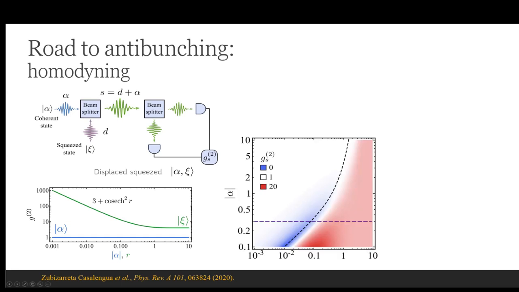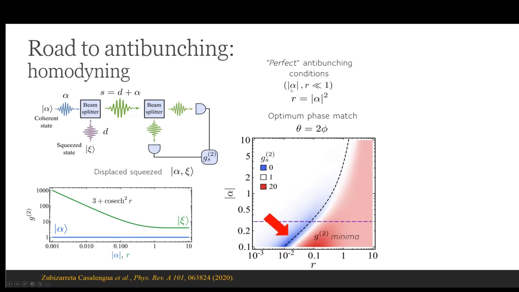But if we mix them with the optimum phase match, we can modulate the light from being bunched to being anti-bunched. And if we look at the region where the anti-bunching is stronger, we will notice that the values for the coherent or squeezing amplitude should be very, very small.